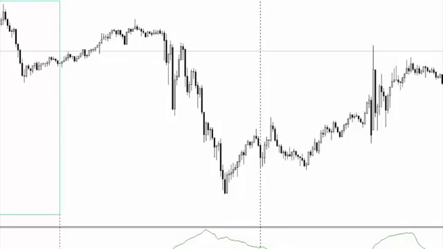Here you see the 15-minute chart of American dollar versus Japanese yen, and that is a period of news release. So you see that the market has become very manipulative, it has become very volatile, and you see it on every time frame.